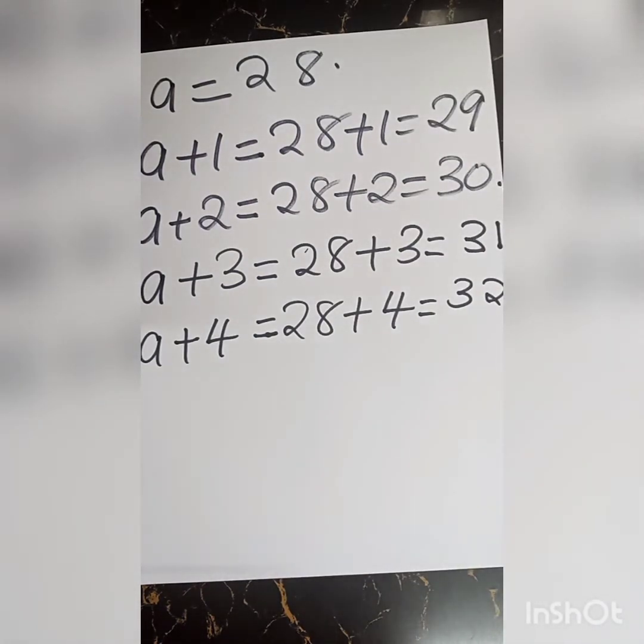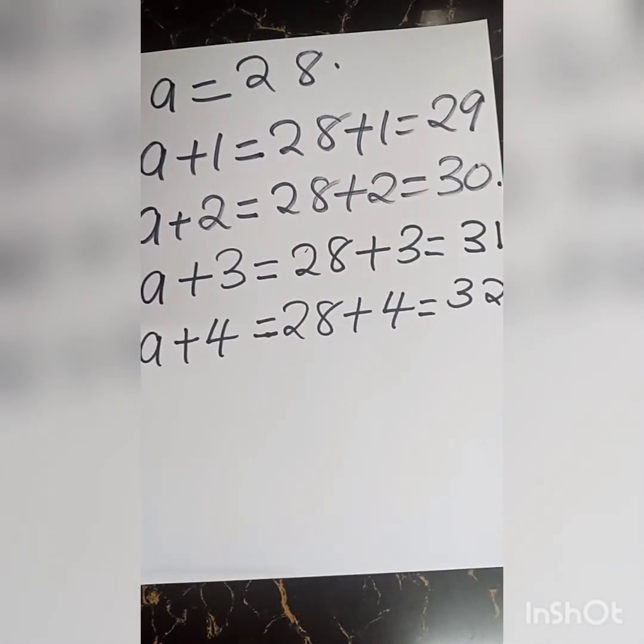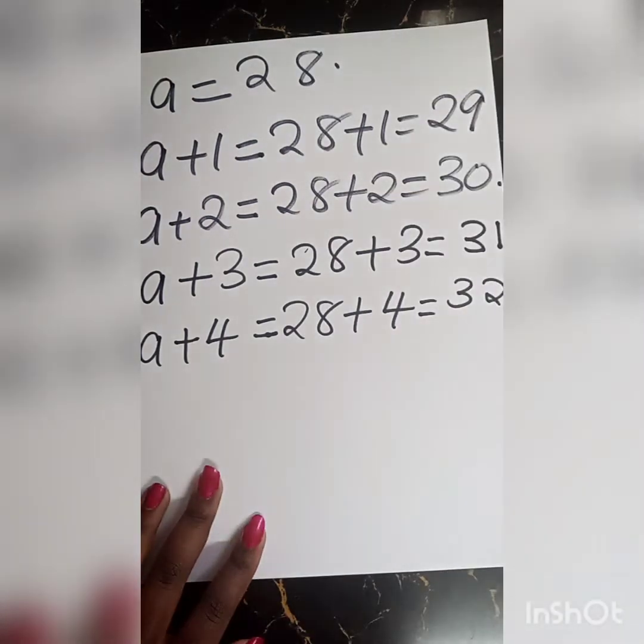And just like that, we found our 5 numbers. Okay? But always make sure that you check your answers. When you add these 5 numbers, you're supposed to get 150, okay? If you don't get 150, then that means you've done something wrong, okay? So do our numbers add up to 150?